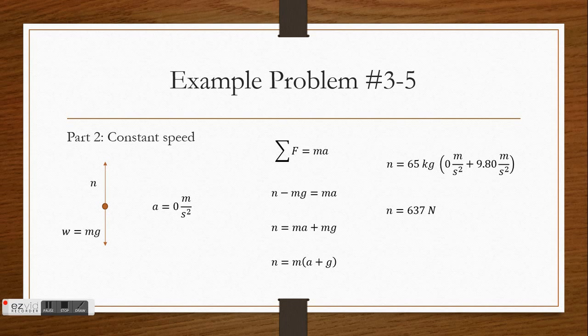It feels exactly the same in the elevator in this particular part of the motion. I have no way of knowing whether I'm moving fast or slow in the elevator, or sitting stationary on a floor. In a box, and you can't see what's going on outside the box, and you feel no net force acting on you, you've no way of knowing whether you're moving at a constant velocity or stationary.